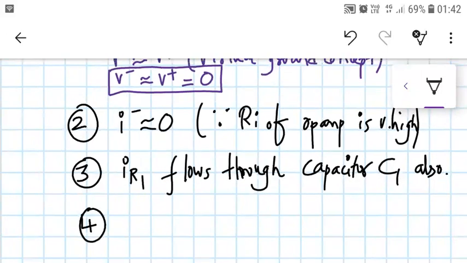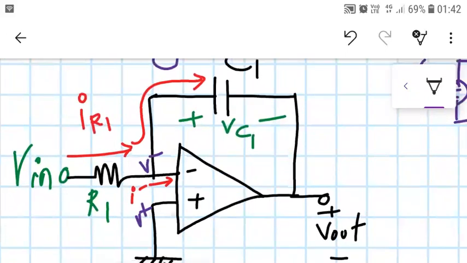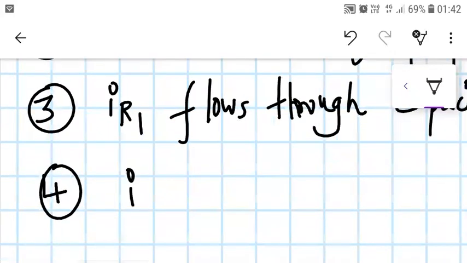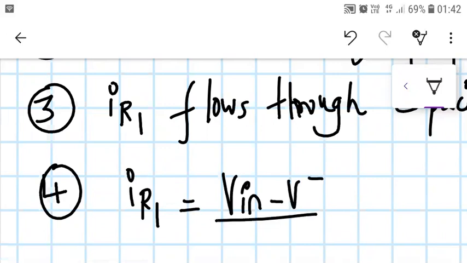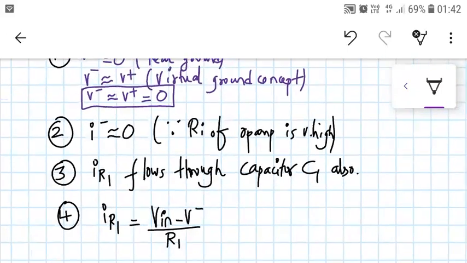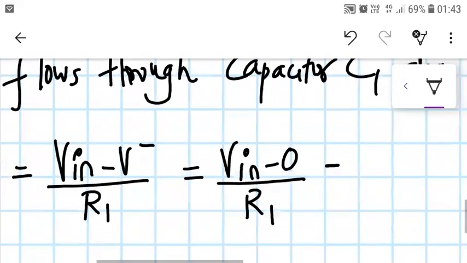Next, we can write IR1 is equal to V in minus V minus upon R1. So what is V minus from the first step? It is 0. So it will be equal to V in minus 0 upon R1. So that's the equation we got, and that will be equal to V in divided by R1.